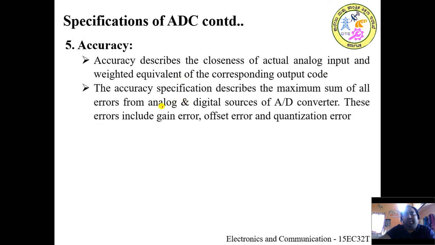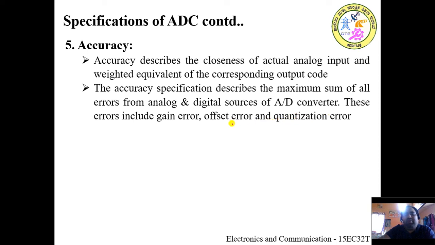The accuracy specification describes the maximum sum of all errors from analog and digital sources of the analog to digital converter. The errors may include gain error, offset error or the quantization errors, which were discussed in the previous slides.